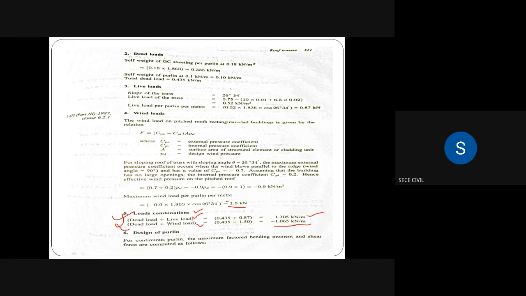Can anyone name some components of the roof truss? So this is the roof. Similarly, it goes.